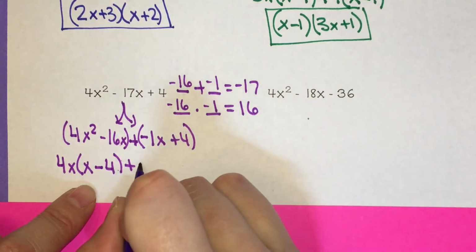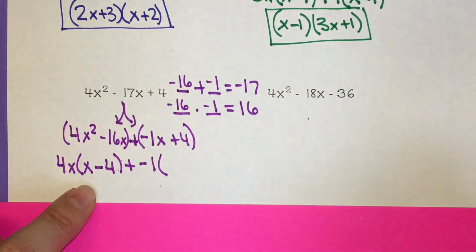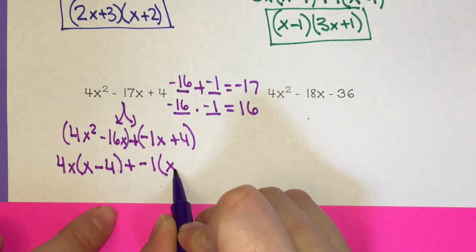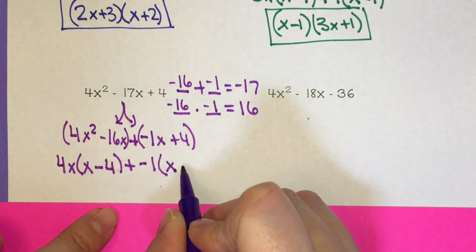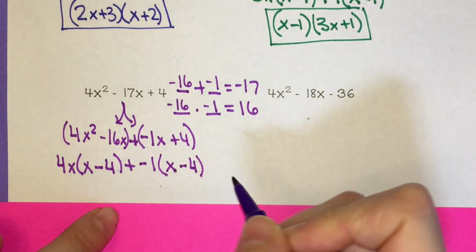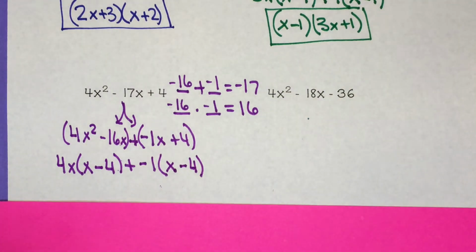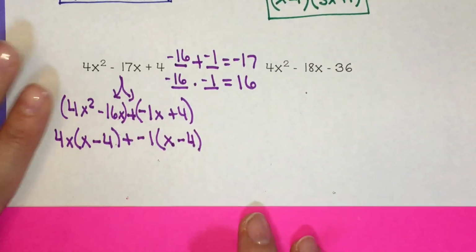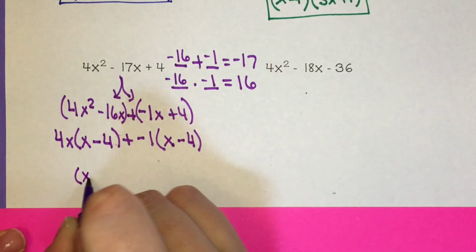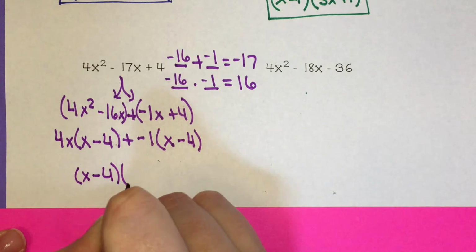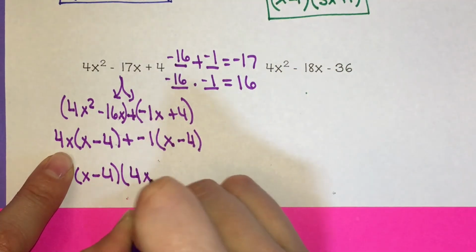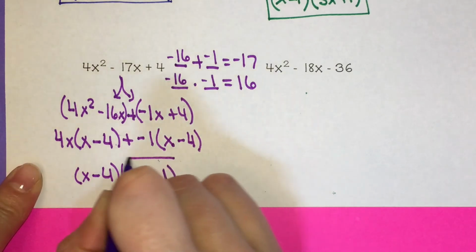So I can factor out a negative 1 and then it'll be correct. Negative 1x divided by negative 1 is positive 1x. Positive 4 divided by negative 1 is negative 4. So always know you can factor out a negative to make what's in the parentheses be the same. So that's our new greatest common factor, x minus 4, times, what are we left with? 4x minus 1, or plus negative 1.